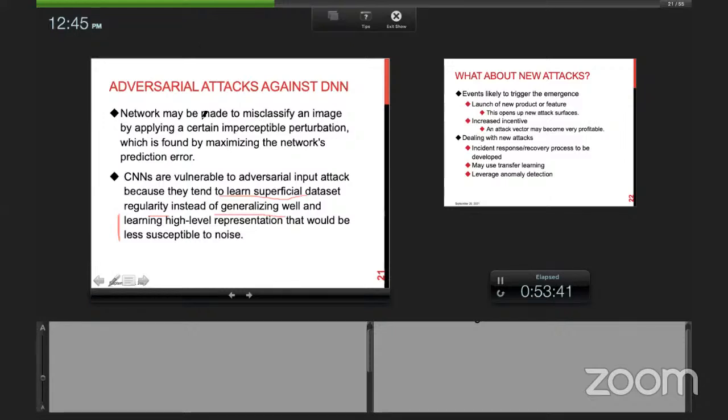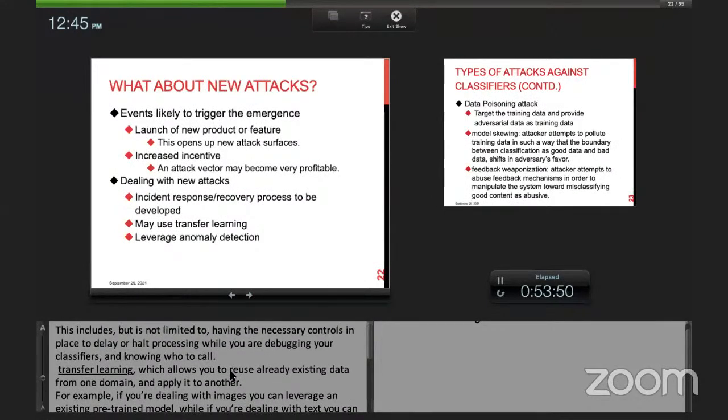Now remember that we were talking about 0-day attacks and other things. So basically, what is that? It means new attacks which you never had any inkling of. When will new attacks occur? Events likely to trigger the emergence of new attacks include the launch of a new product, because a new product launch, or even the introduction of a new feature into a product, will open up new attack surfaces.